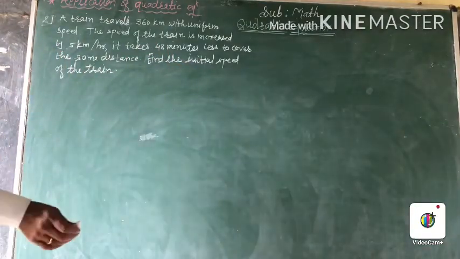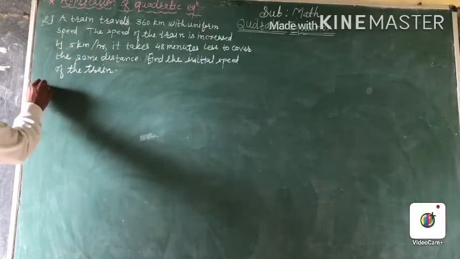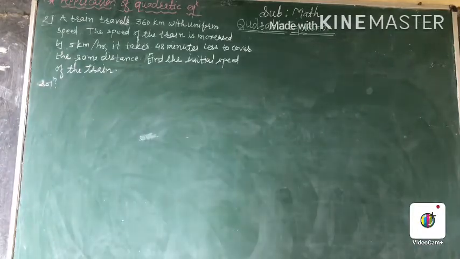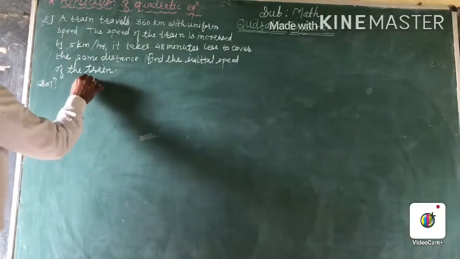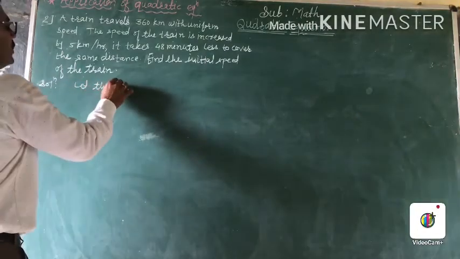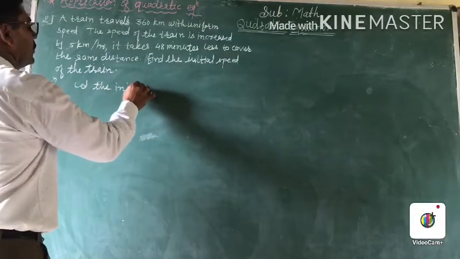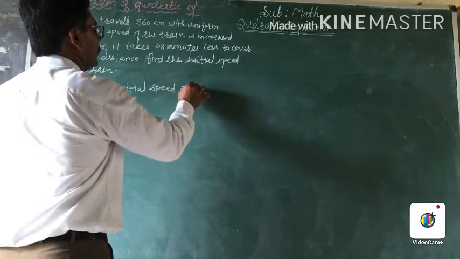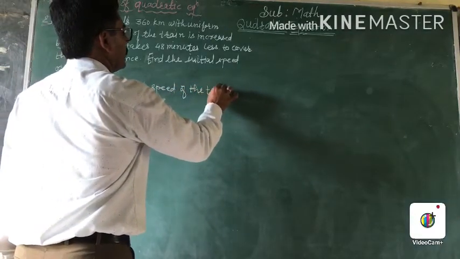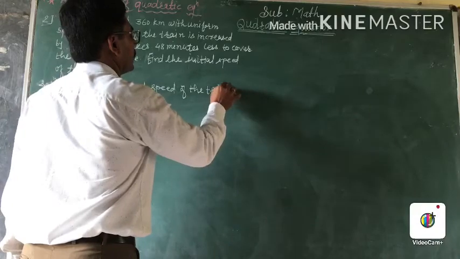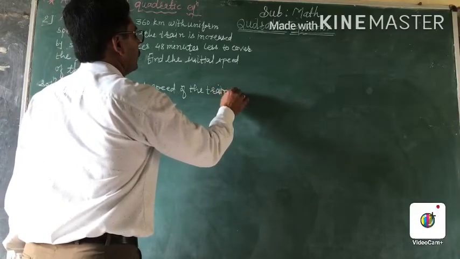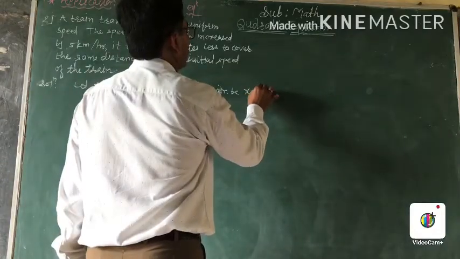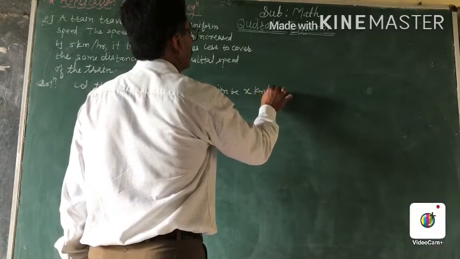Now first we consider here the initial speed of the train. Let the initial speed of the train be x kilometer per hour.